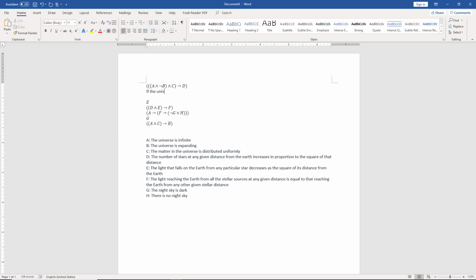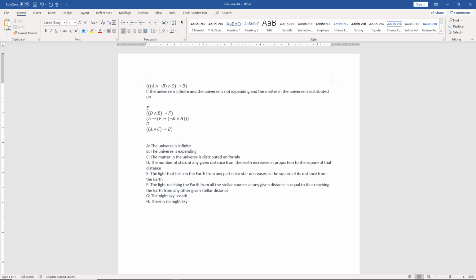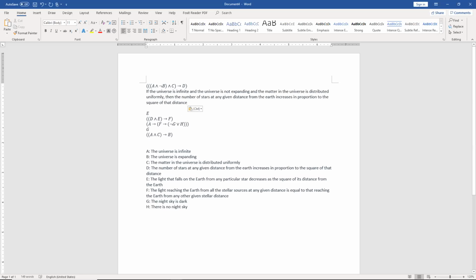If the universe is infinite, and the universe is not expanding, sorry, and the matter in the universe is distributed uniformly, then the number of stars at any given distance from Earth increases in proportion to the square of that distance.